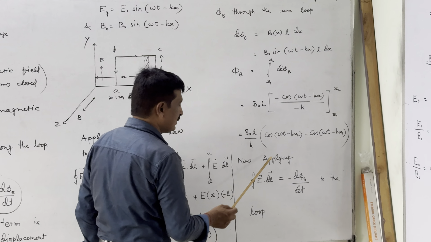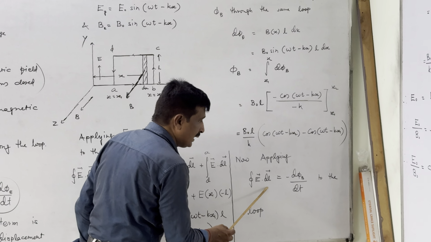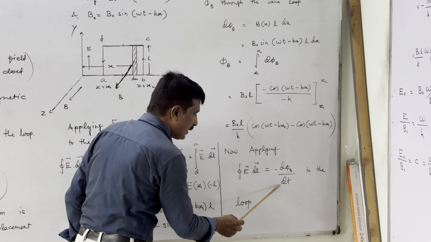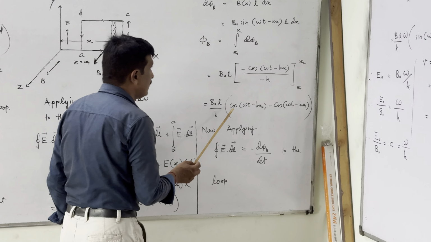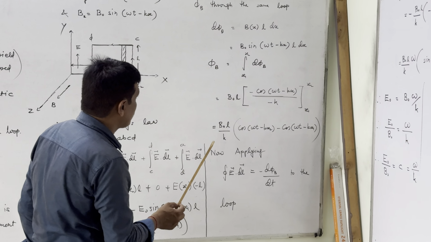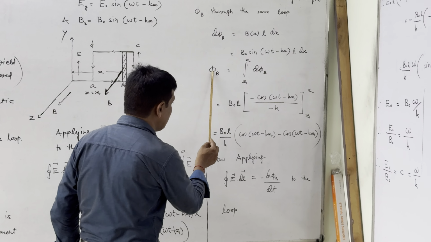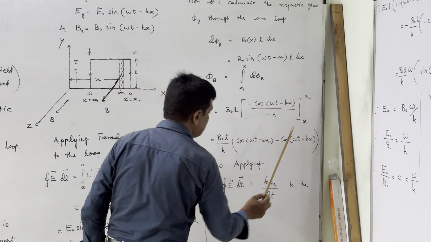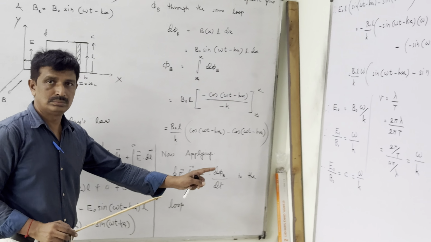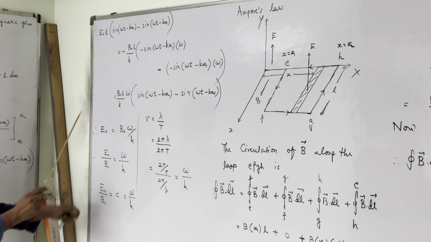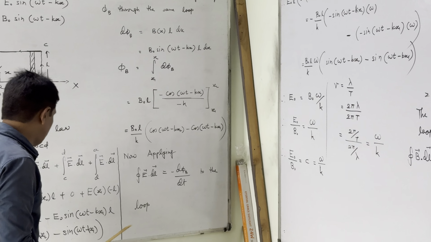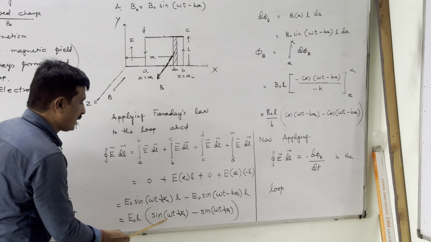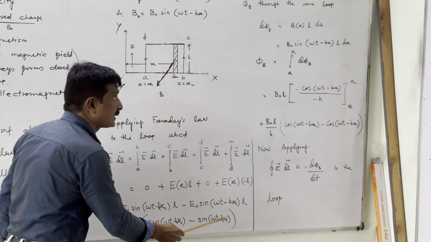Now applying the rule, integral E dot dl is minus d phi B by dt for the loop. We will take the derivative of this term. So integral E dot dl is E naught L times sin(omega t minus kx2) minus sin(omega t minus kx1).